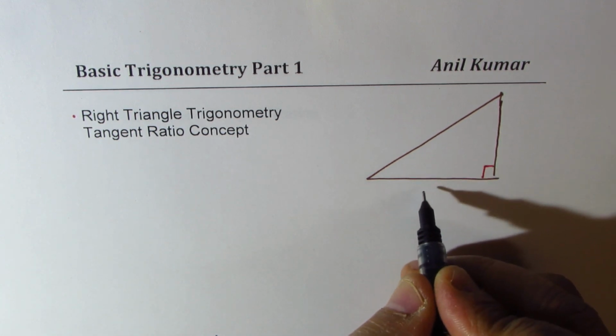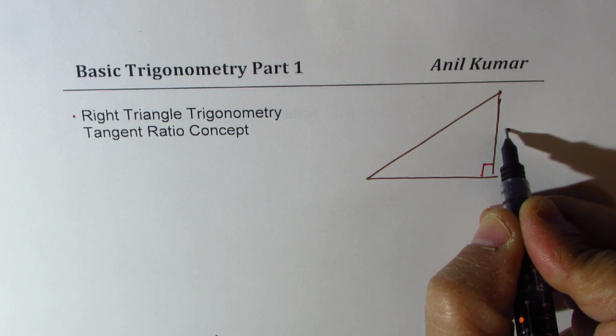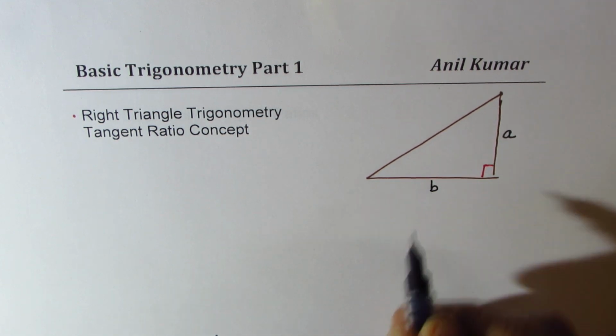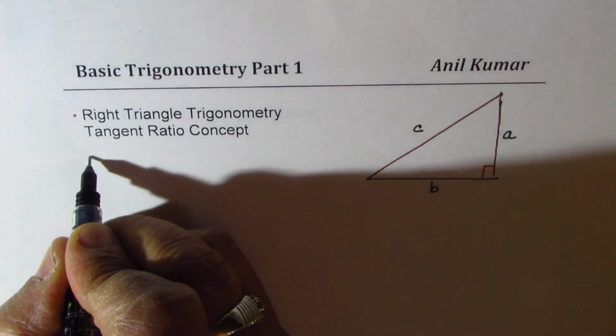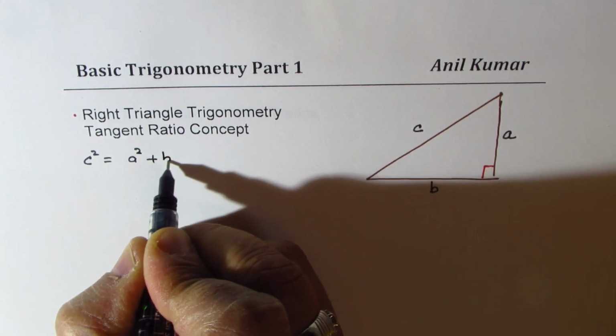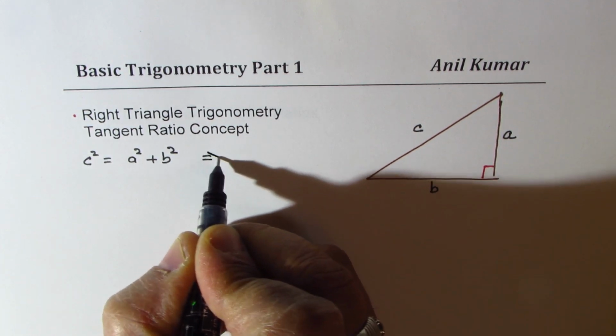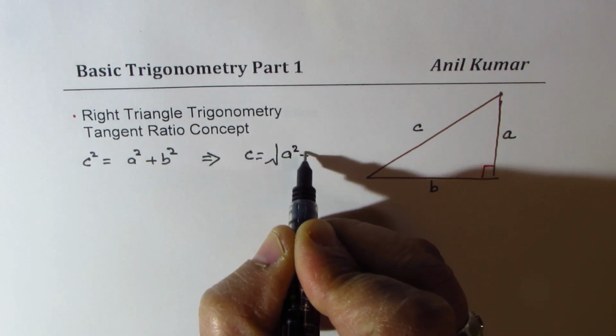If I give you the lengths as, let us say, A and B, in that case I can find what C is. We know C square equals A square plus B square, and that gives you C equals the square root of A square plus B square.